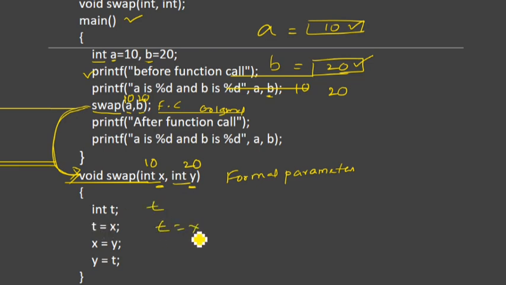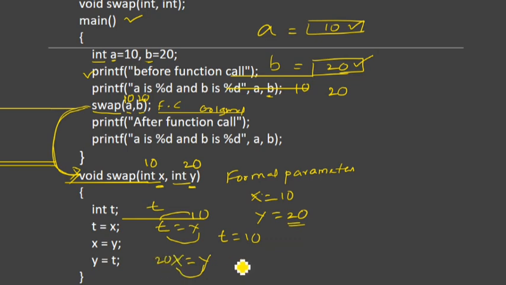Now t equals x, so 10 is moved into t. Then x equals y, so x becomes 20. Then y equals t, so y becomes 10.